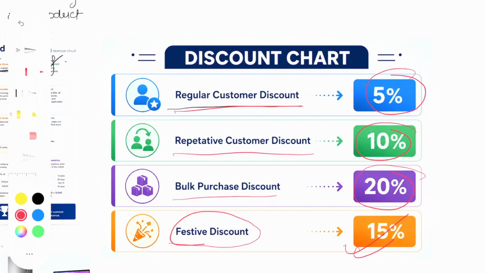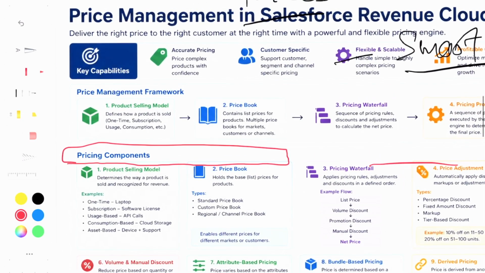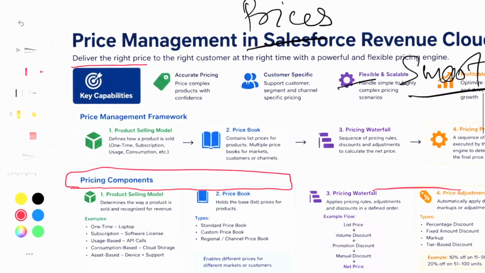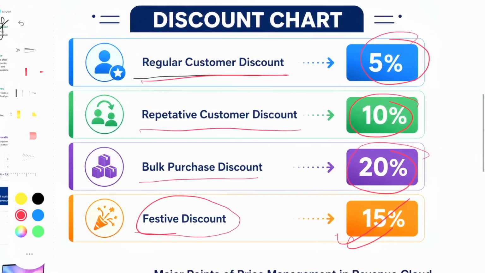To define this discounting process, we take the help of Revenue Cloud. Revenue Cloud helps us deliver the right price to the right customer, and for this purpose it helps us a lot.